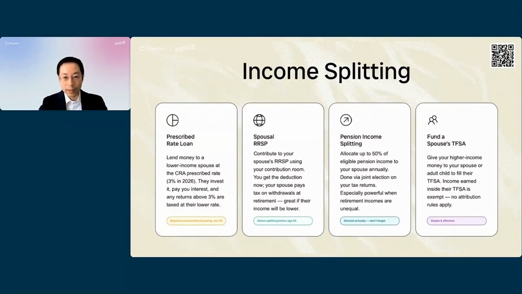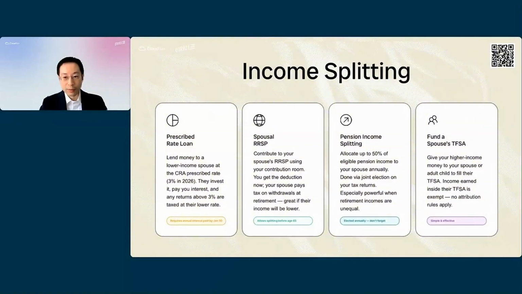The next point is the pension income splitting. So this one, the good thing is up to 50% of the eligible pension can be allocated to the spouse every year with a joint election, the T1032 joint election. By doing this, the income is effectively split between the two spouses, and the tax could be lower.